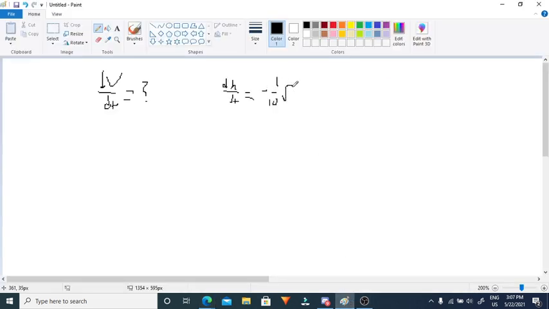From here, we know that V equals pi r squared h, which was given to us as well. So we can take the derivative of both sides with respect to time, and we get dV over dt equals pi r squared dh over dt. We know dh over dt, so we'll plug that in: dV over dt equals pi r squared times negative 1/10 root h.